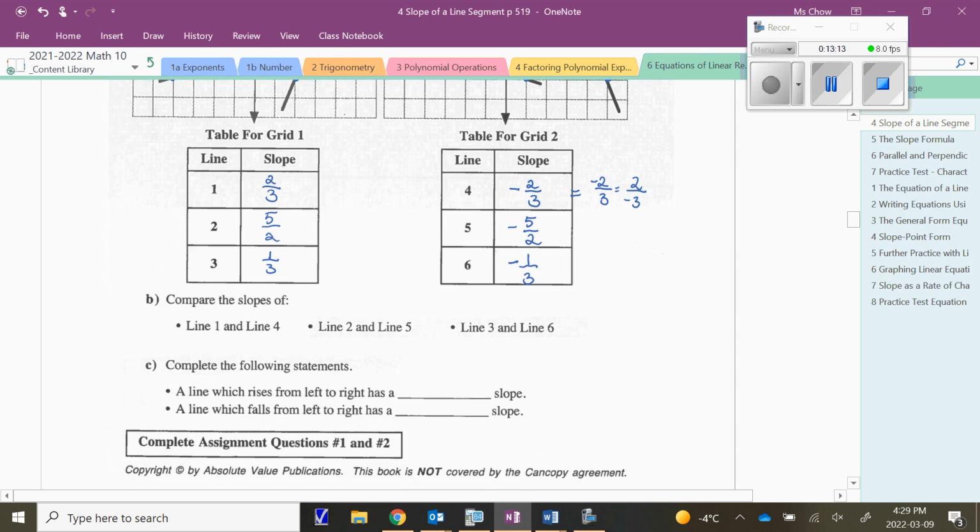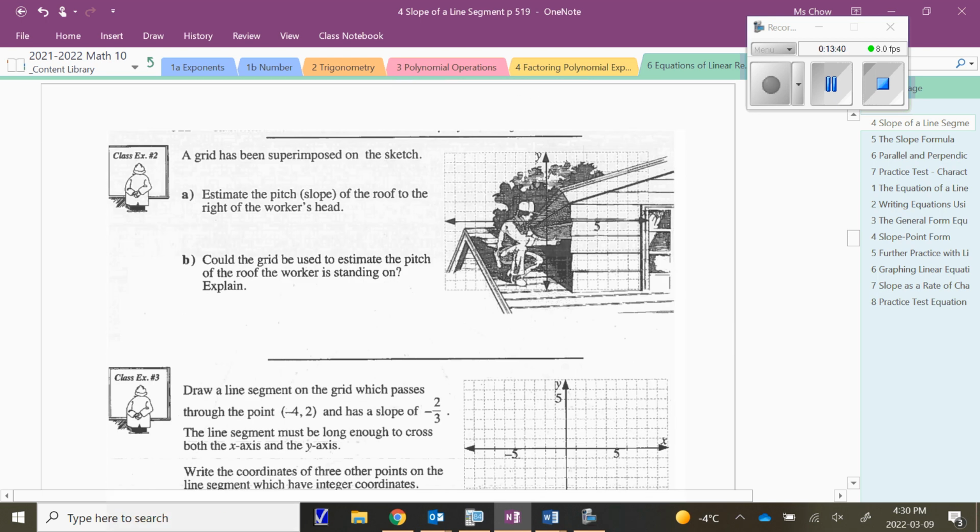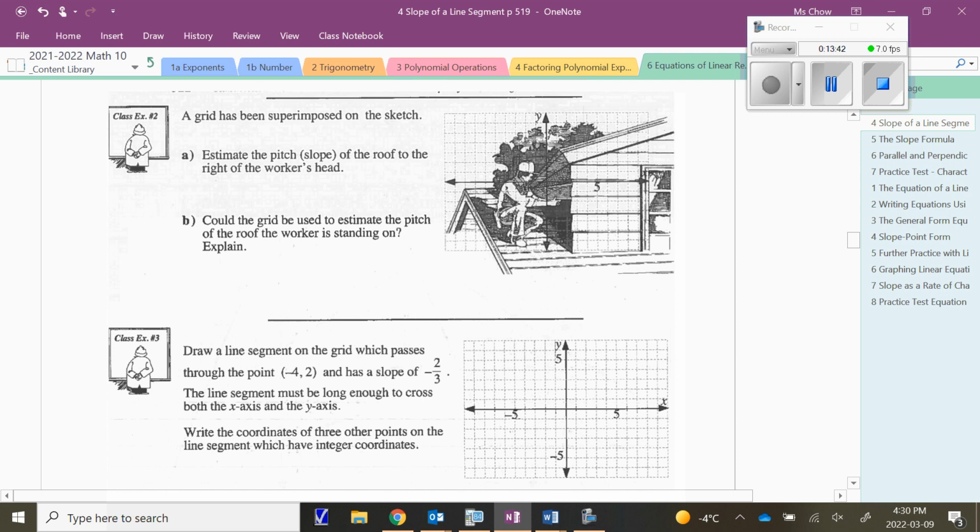So it's just a different direction. A line which rises from left to right has a positive slope, and a line which falls from left to right, going down, has a negative slope.